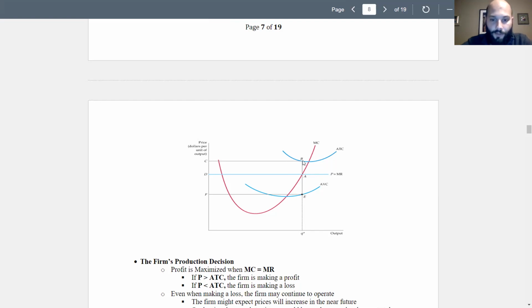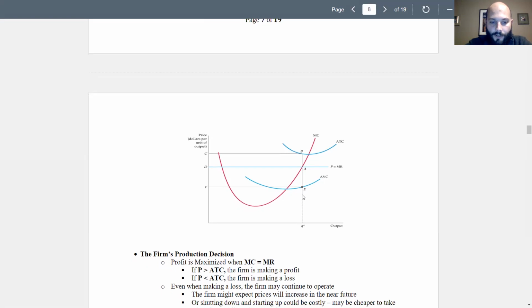But does that mean we should produce a quantity of 0 or shut down? It turns out no, the comparison is going to be with average variable cost. So in the numeric examples, we'll prove that that's the case using numbers. I think that's the easiest way to see it. Make sure you take a look at the example problems and the notes that I posted with examples, which is going to be helpful.